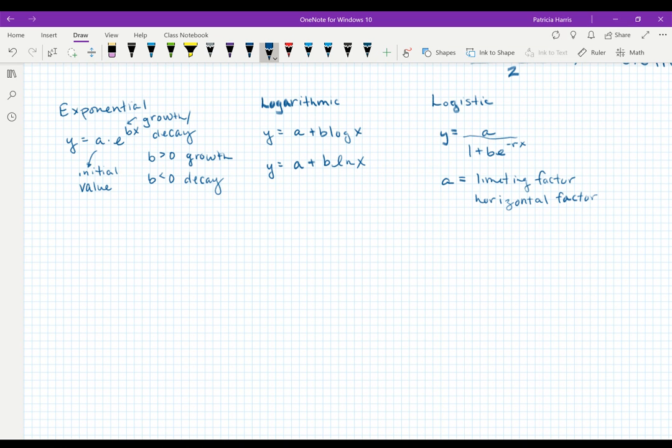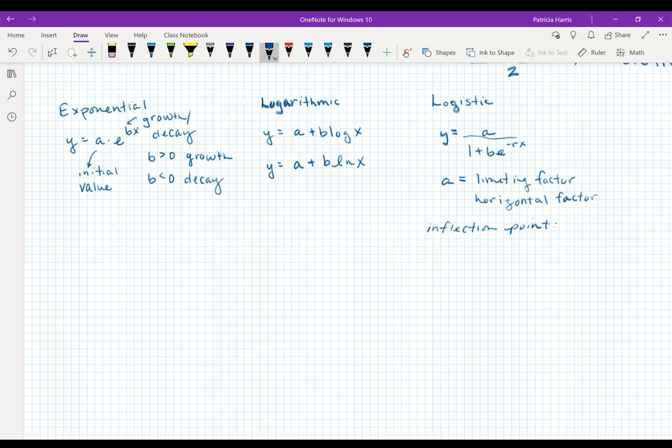Then what they're going to look for is something called an inflection point. What happens at an inflection point is your rate of change, or your rate of growth, starts to decrease. It starts to get smaller.